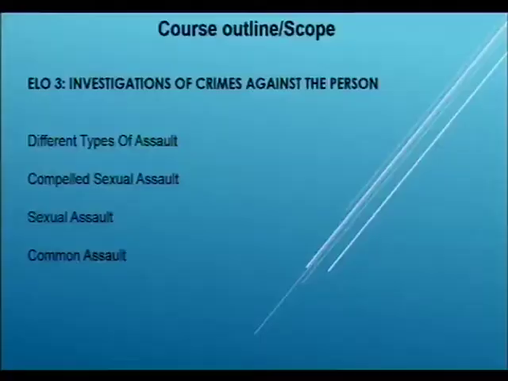The elements of the crime of crimen injuria: the infringement of the dignity or privacy of another, which is serious, unlawful, and intentional. Now, investigation of crimes against the person. Different types of assault: compelled sexual assault, sexual assault, and common assault.